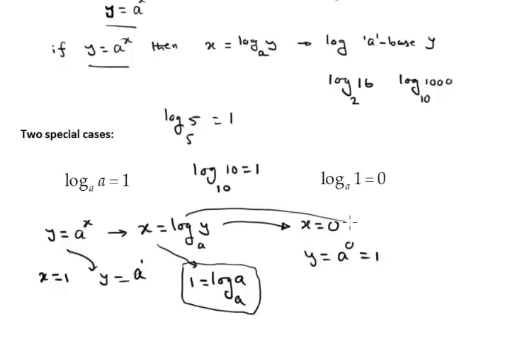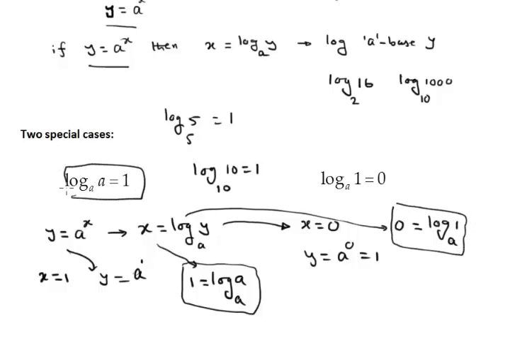So from here, 0 equals log a base 1. That means log of any base 1 gives 0. These two relations we will be frequently using for simplification of logarithmic expressions.